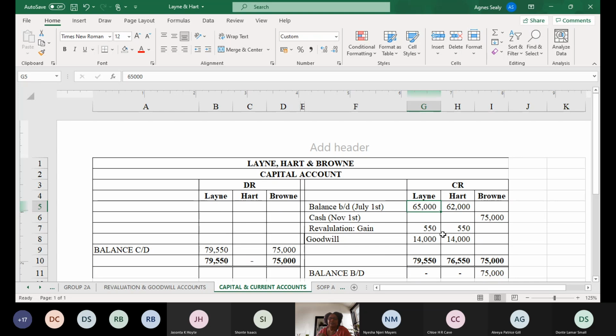You must be able to complete the capital account for the partners that are still in the partnership, so that you know what their new capital figures are, and that you'll be able to use those new capital figures to calculate the interest on capital under the new agreement, if there is interest on capital under the new agreement.